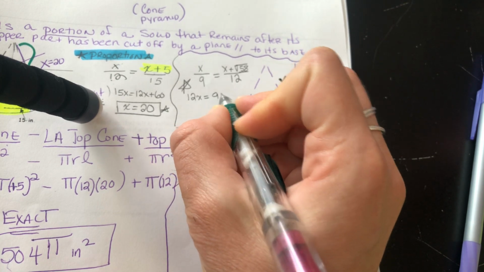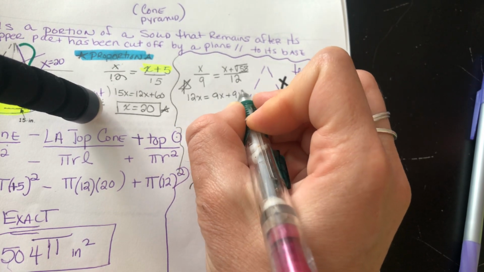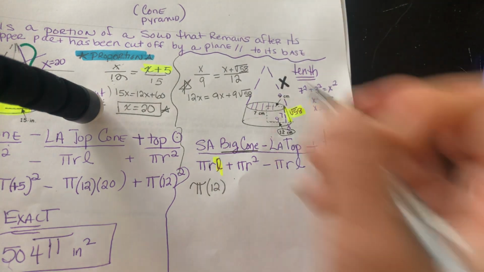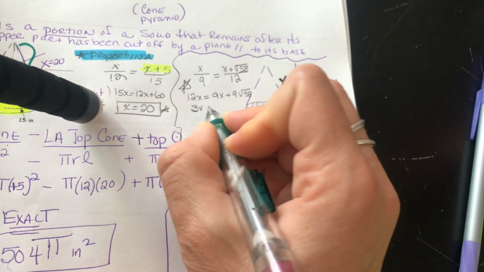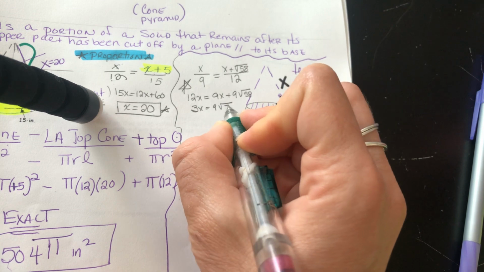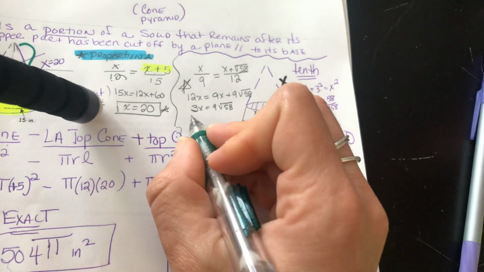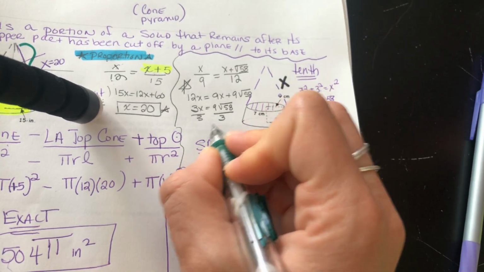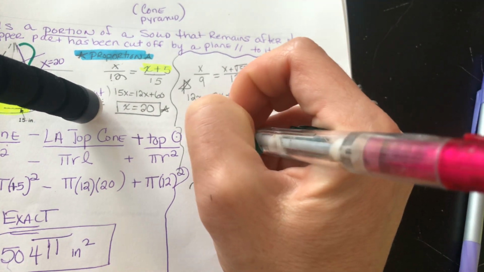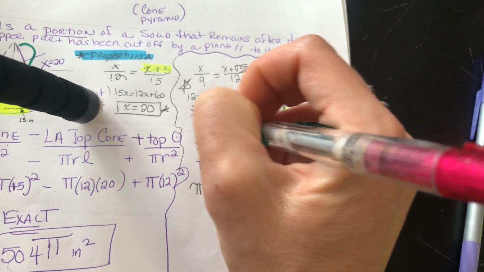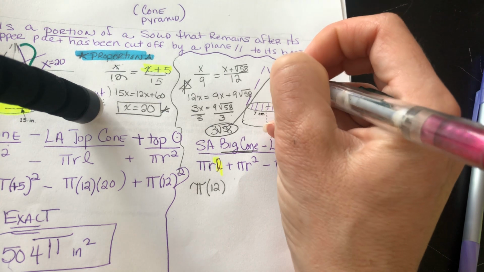12x equals 9x plus 9 rad 58. I'll finish solving this one out for you because it's a little bit trickier. And then we're going to divide both sides by 3. So in the end, 3 rad 58 is for this top part.